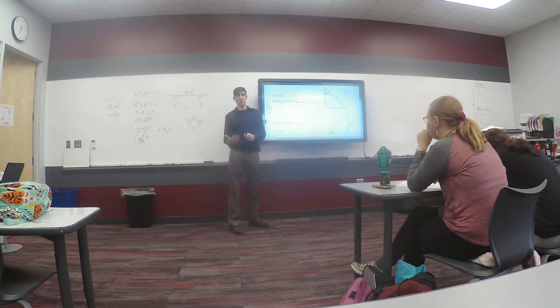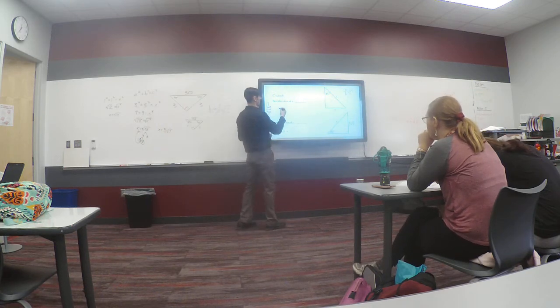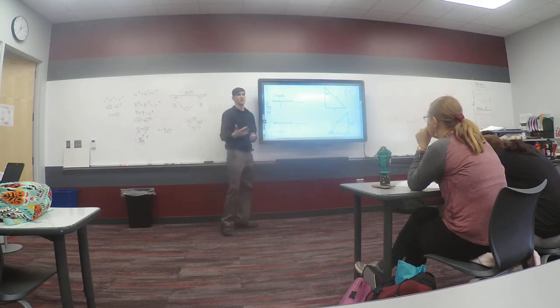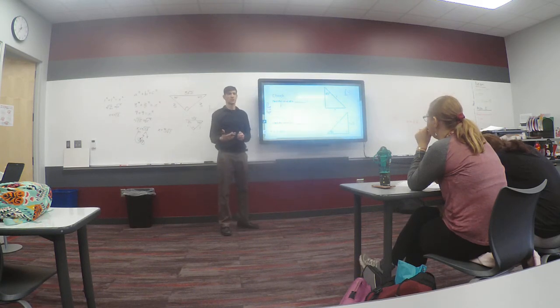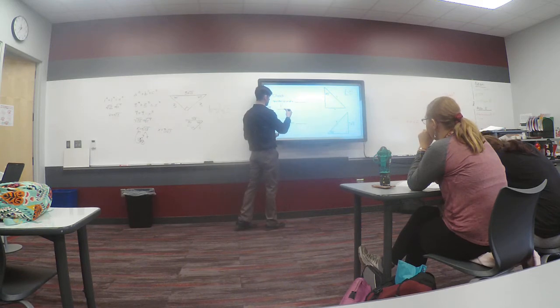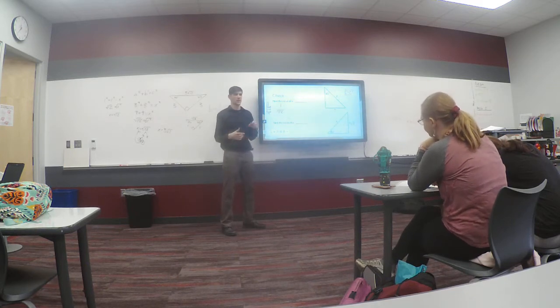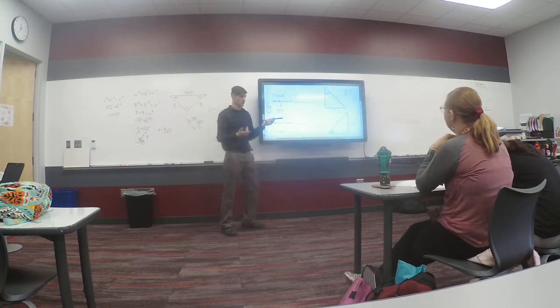So in order to set up that proportion, because all of these triangles are going to be similar through angle, my small triangle has a leg length of 1. What's the hypotenuse of my small triangle? Radical 2. And that should be equal to the leg of my big triangle. What's the leg of my big triangle? 7.